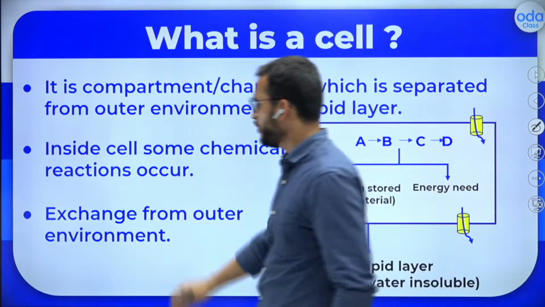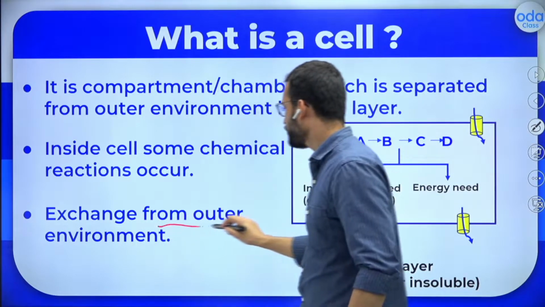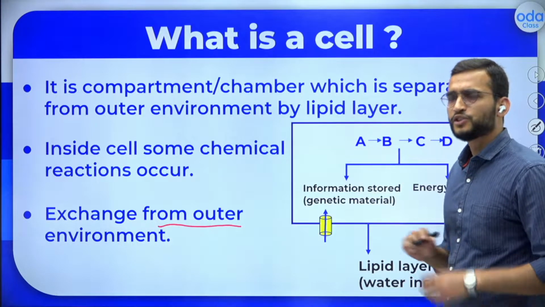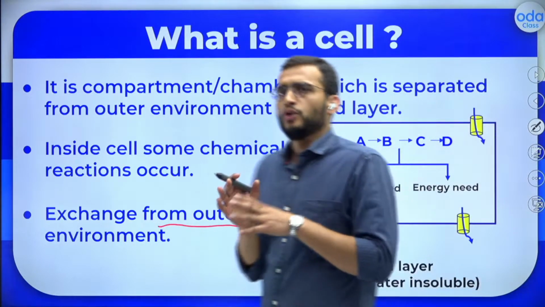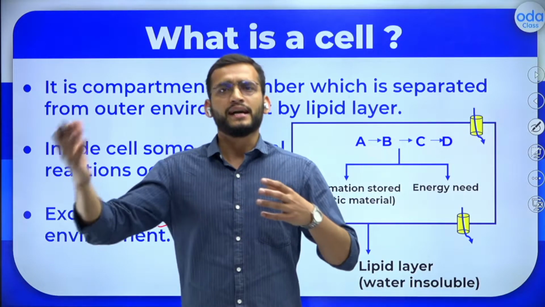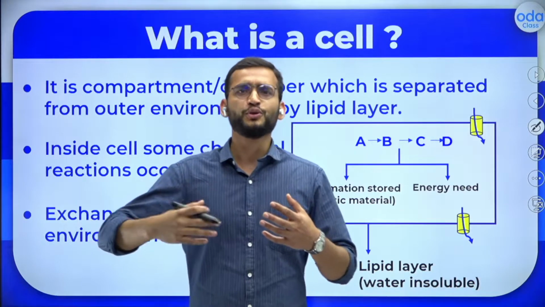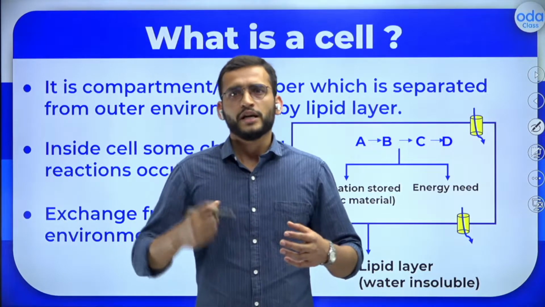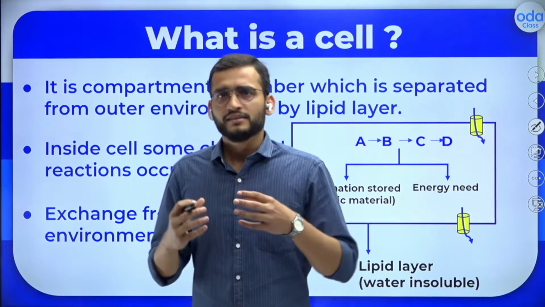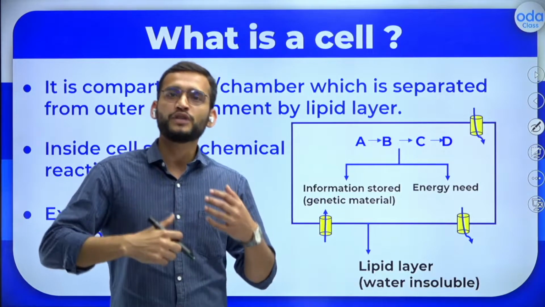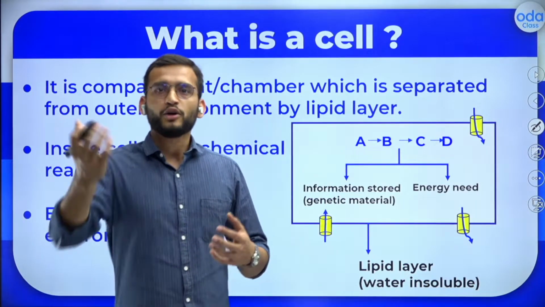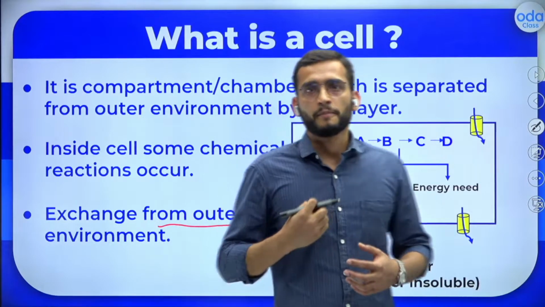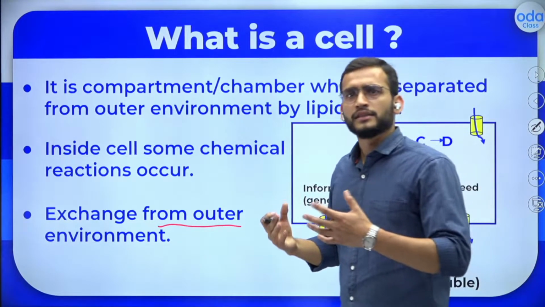And what else? You will also have exchange from the outer environment. It's not like the cell will be living alone. It also wants to interact with the neighboring cells. It wants to send some of the things which it has produced to the outer cells, or it wants to receive something. So for that, there should be some gates.